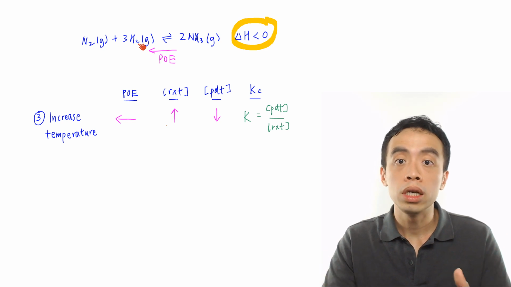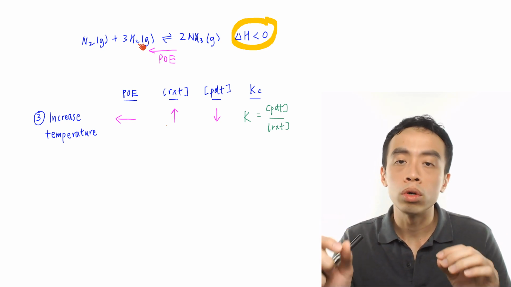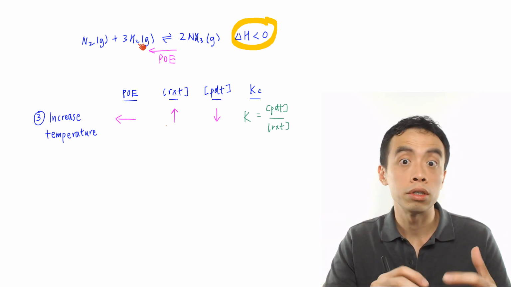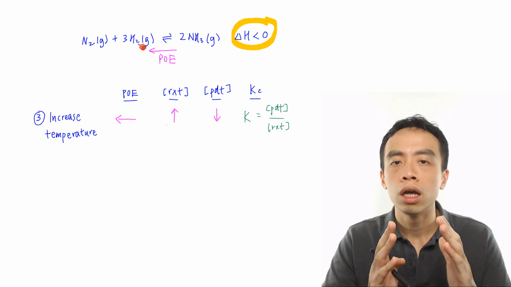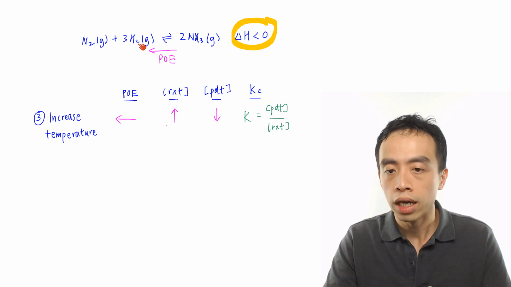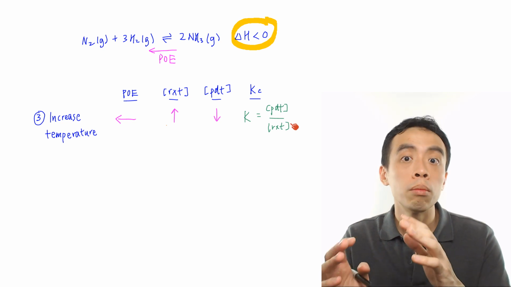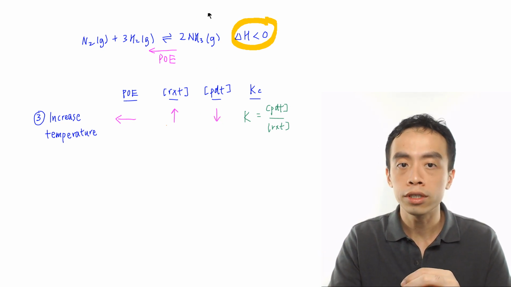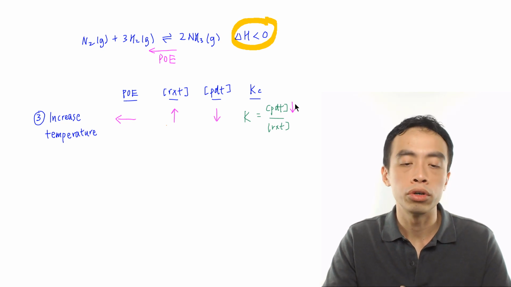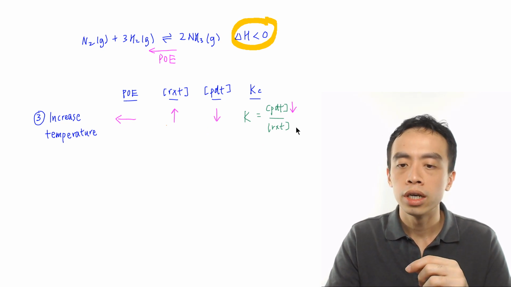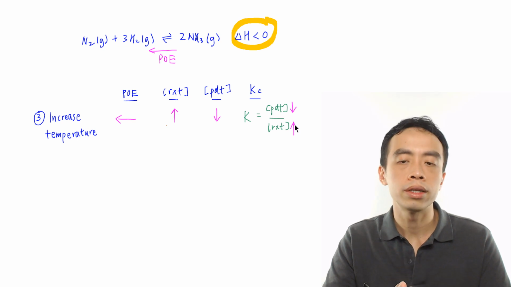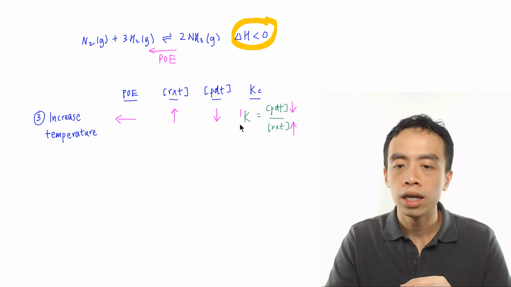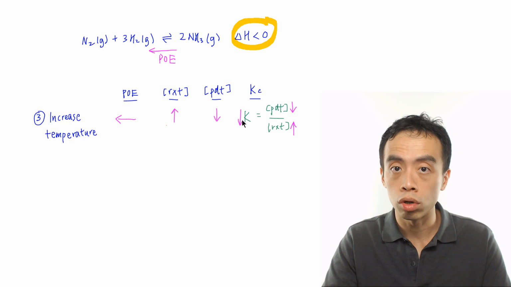But when we talk about the meaning of K, all these coefficient terms and power terms become distracting. It makes it very mathematical. What we want to do is focus on the concept. K is just a ratio of product to reactant. So in this case, when the concentration of the product decreases, you have a smaller numerator. Concentration of reactant increases, you have a bigger denominator. So of course, based on this expression, K is expected to drop.